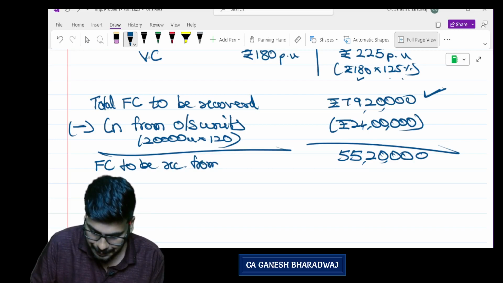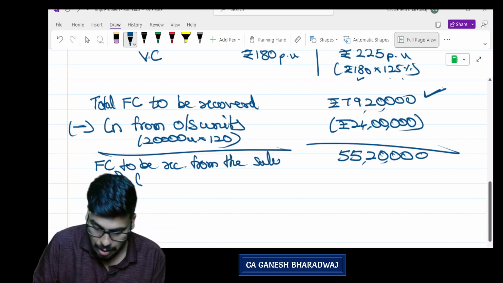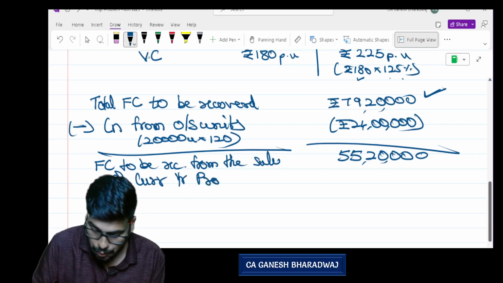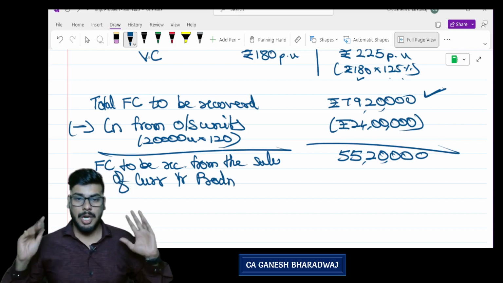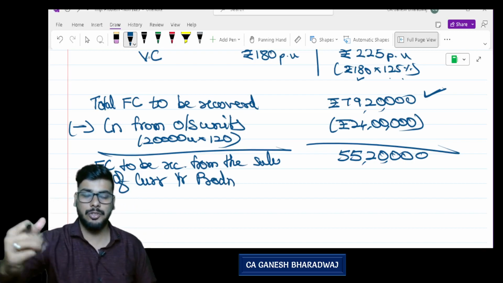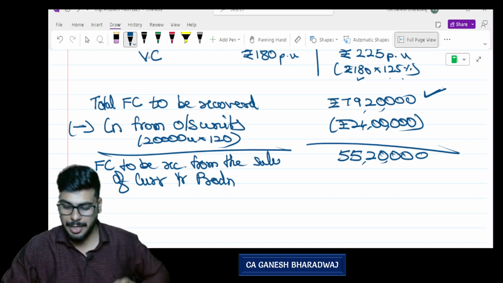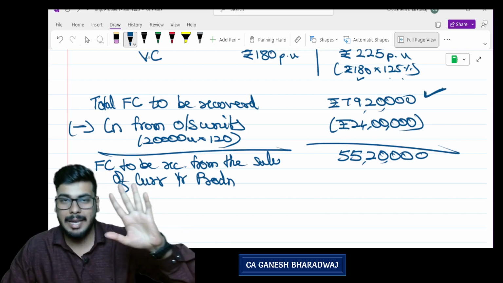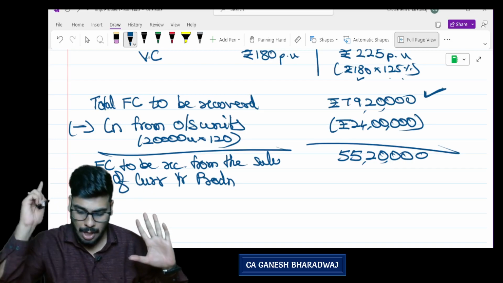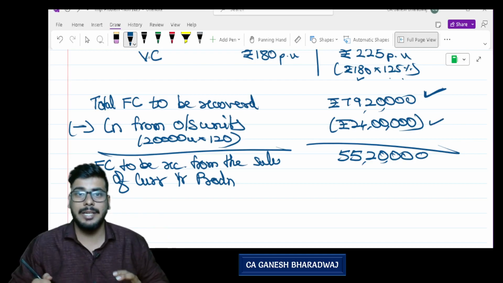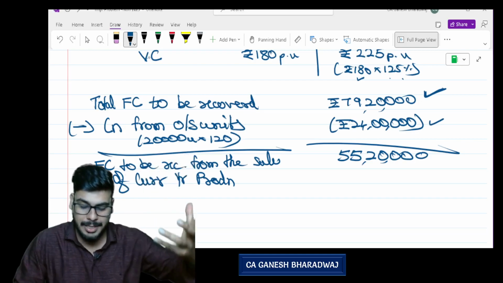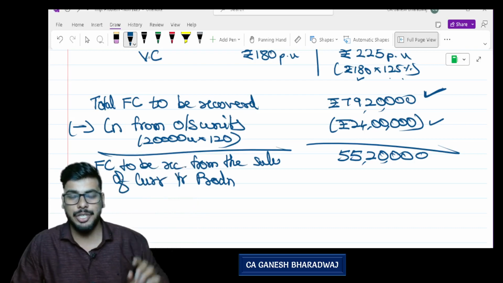55 lakh 20,000 is the fixed cost to be recovered from the sale of current year production. Are you clear with this? Overall, in this current year, through my sales, I should generate contribution so that it is able to recover 79 lakh 20,000. Out of this, 24 lakhs comes from contribution arising out of the 20,000 units in opening stock.